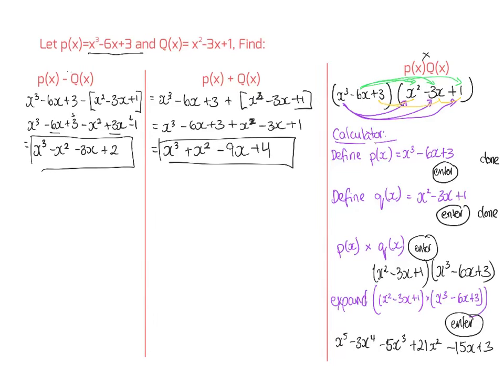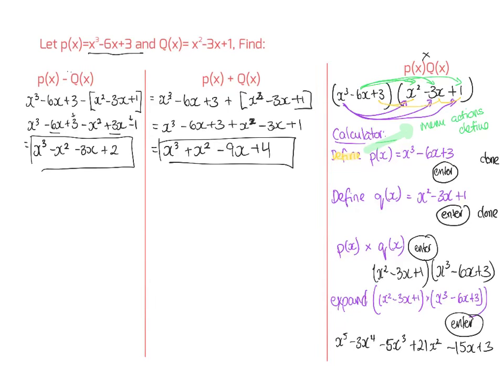Okay, when we try to do these in the calculator, you can define your functions like we have been doing. So here I've defined the first one, p of x. So in your calculator you do define, and you can get that by pressing, if you remember, menu, actions, and define.